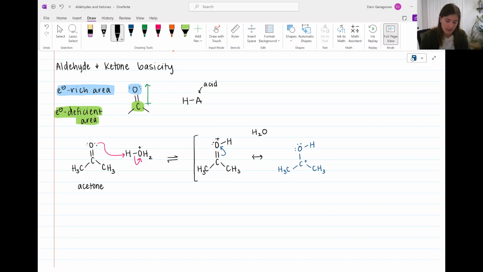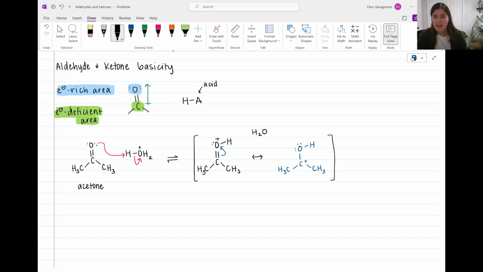This is a relatively common or relatively stable resonance structure because oxygen is more electronegative than carbon, so the positive charge being on carbon is stable.